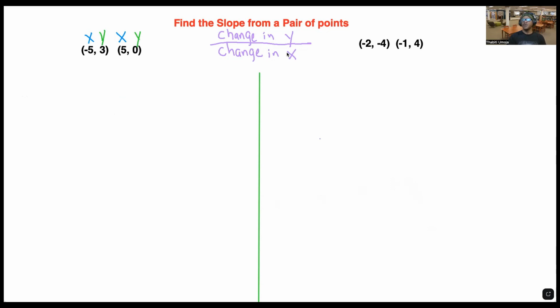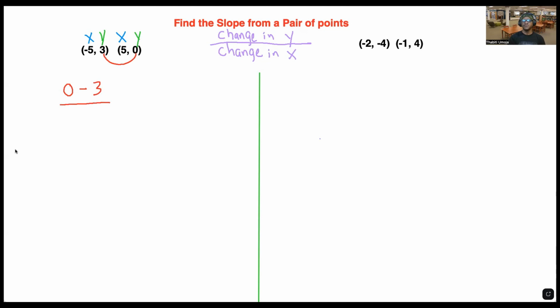We said change in y and change in x, and I'm going to tell you how simple this is. All we're doing is subtracting this y with the other y over here. But you have to write it out just like this: 0 minus 3.